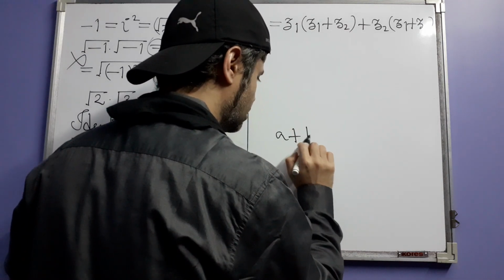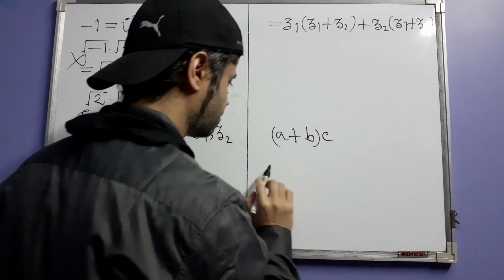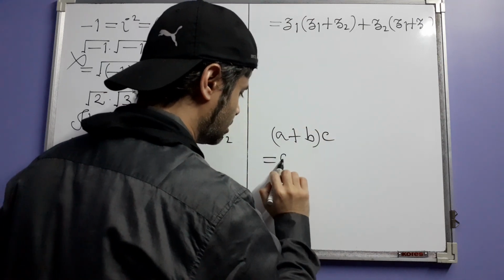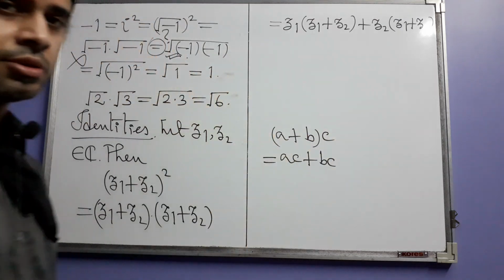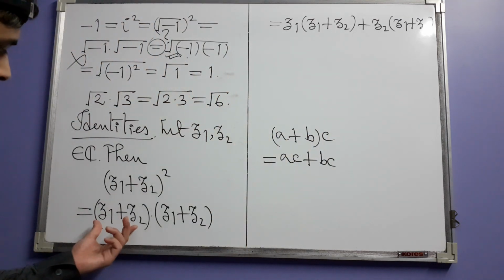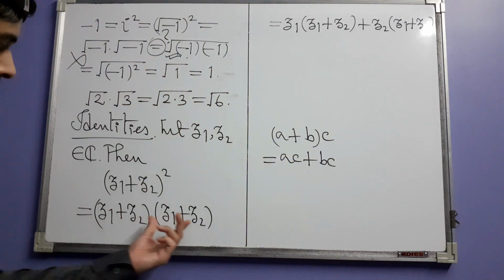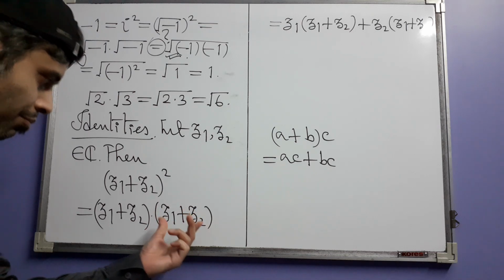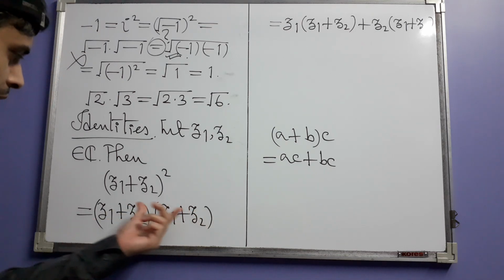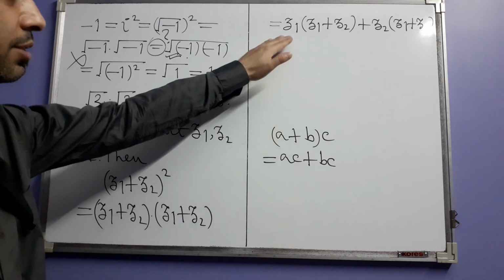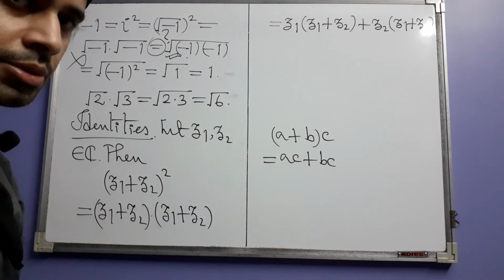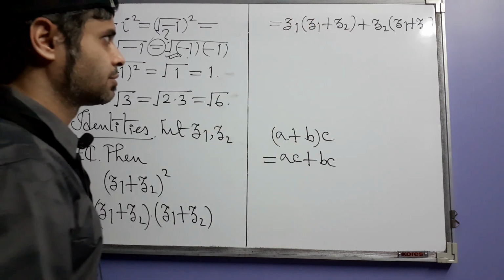Say A, B and C are complex numbers. Then (A + B)C equals AC plus BC, the right distributive law. We have multiplied this sum from the right side by this complex number. So Z1 times this plus Z2 times that. At this step we have used the right distributive law which is available to us.